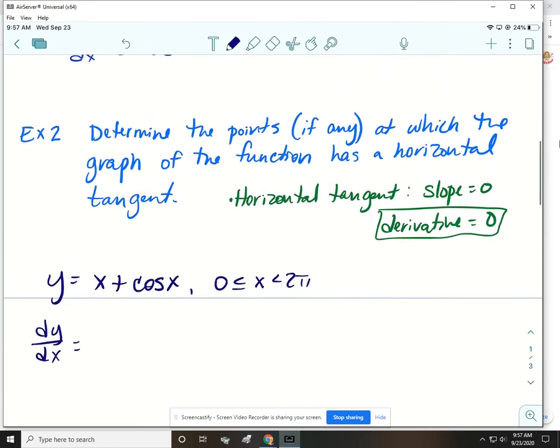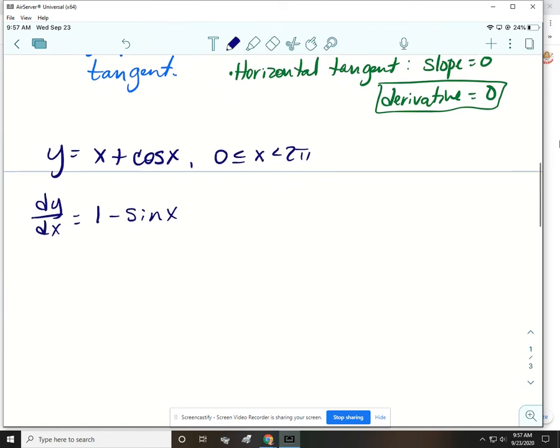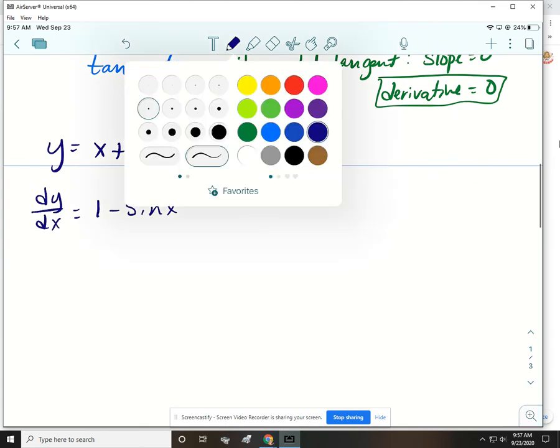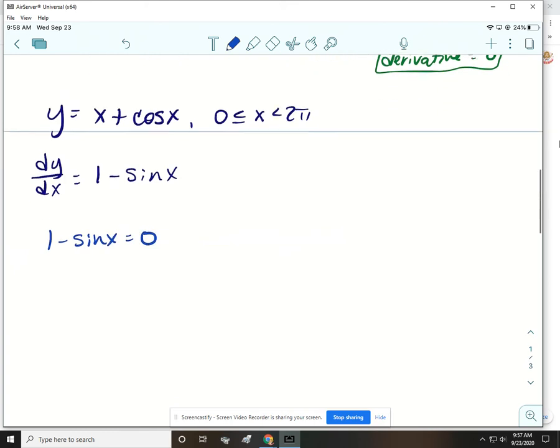All right, so the derivative of x is going to be 1. The derivative of cosine of x is negative sine of x. So that's step 1, find the derivative. Step 2 is set the derivative equal to 0. So we're going to take that 1 minus sine of x and set it equal to 0.